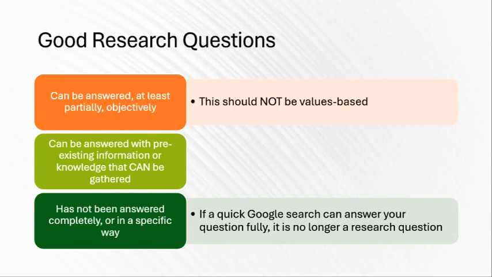So if your question is, why are some snakes venomous and others not? It's a good question, but if you type that in, Google's going to give you a pretty straightforward answer. And heck, I'm inclined to believe the AI overview because it's probably pulling from a lot of actual nature blogs that are honest about it. So not really a great research question.